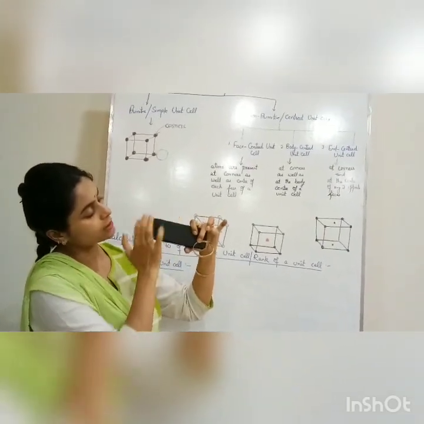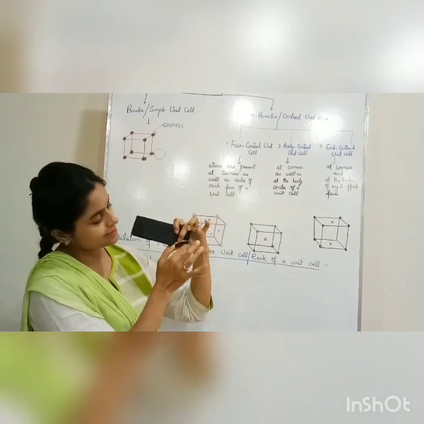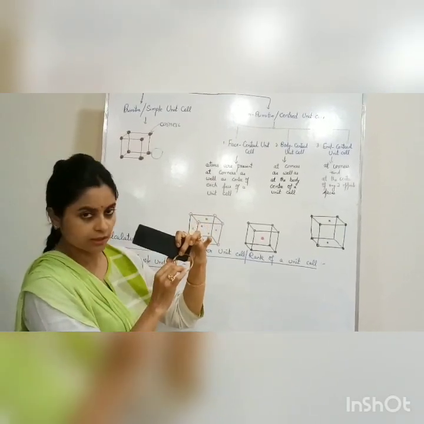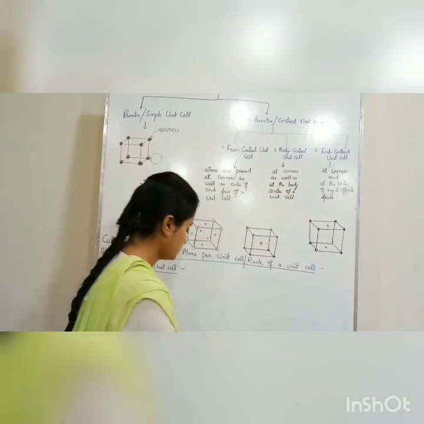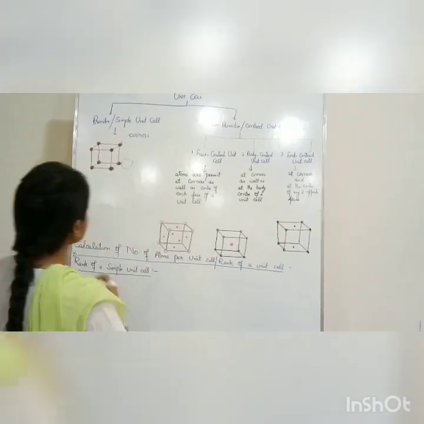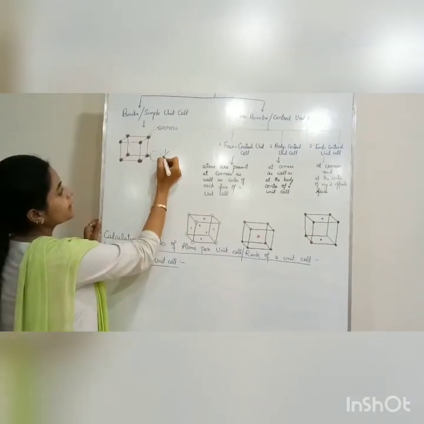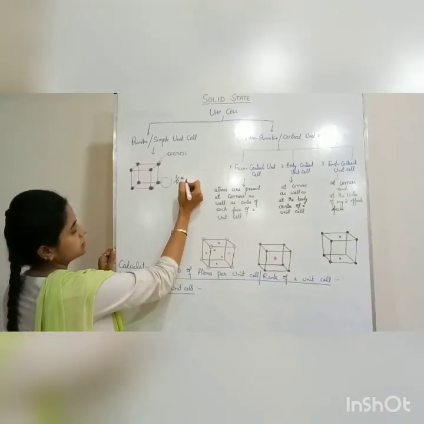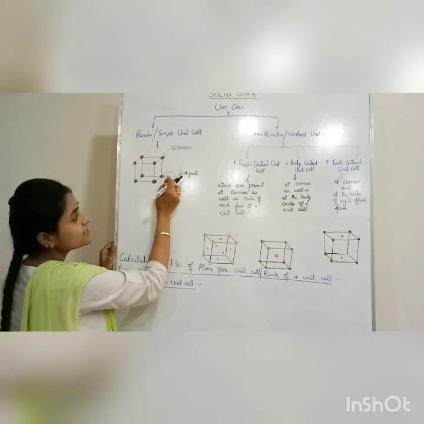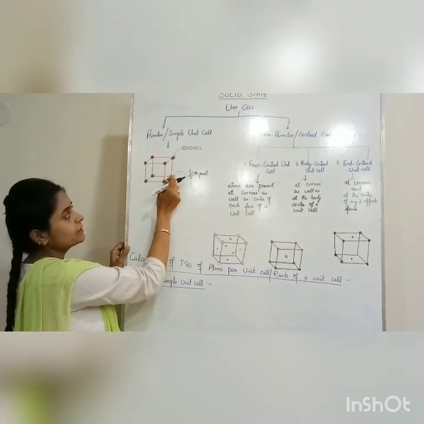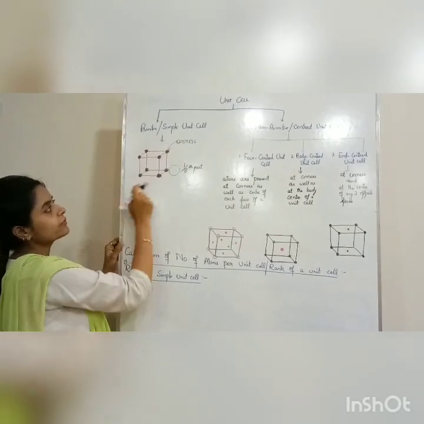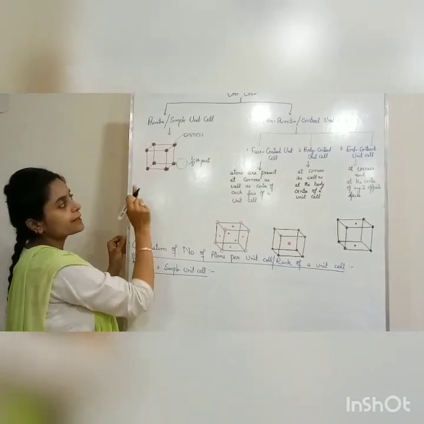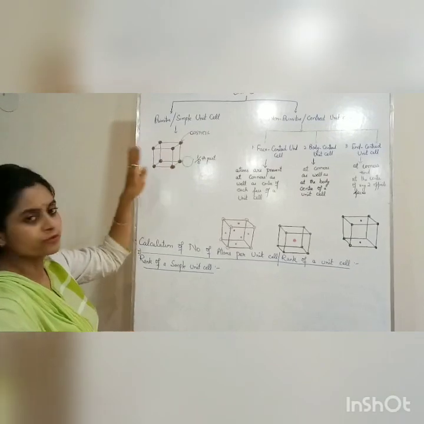Likewise, all other corners also have this much part of a sphere or atom. As a result, we can say that 1/8 part of this sphere is shared by this corner. Same 1/8, this one, and every atom shares only 1/8 part within a unit cell.